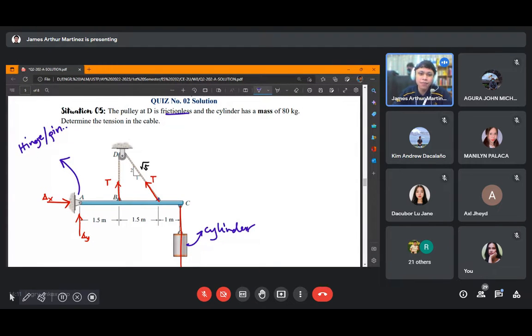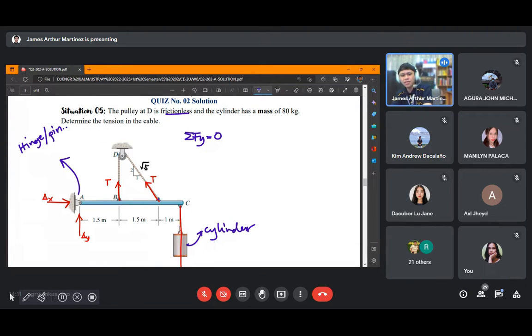Okay? So now, unsa to gipangita sa problem? Si tension T. So how do we find T? So you might be thinking mag-sum up the forces on y-axis equal to 0. So this is actually an application on equilibrium of force system. Okay?